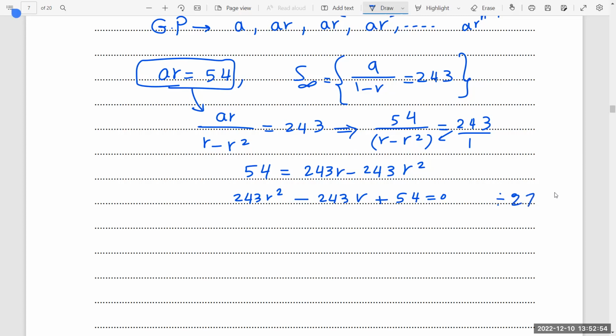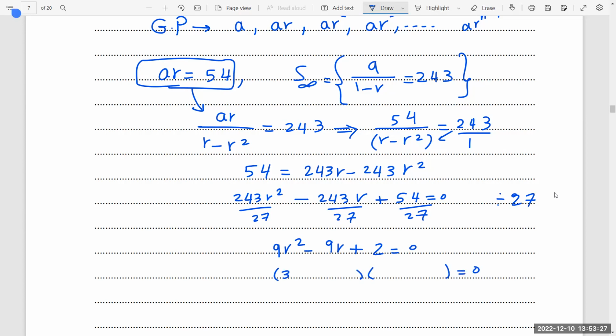If I divide everything by 27, 243 divided by 27 is 9. To simplify it, I get 9R squared minus 9R plus 54 divided by 27, which is 2, is equal to 0. And by factorization, you get the answer.